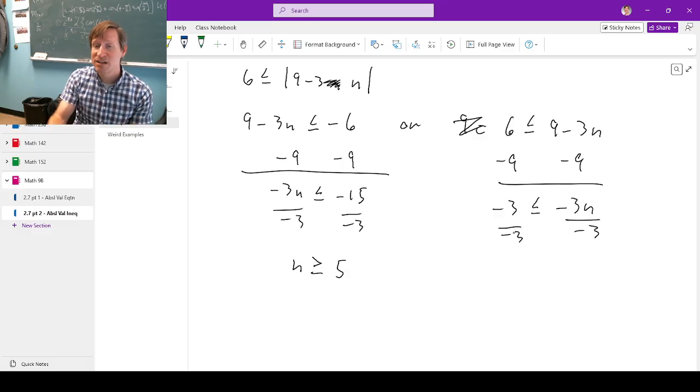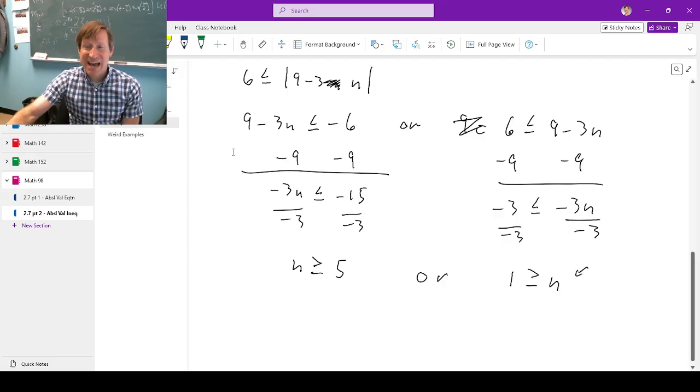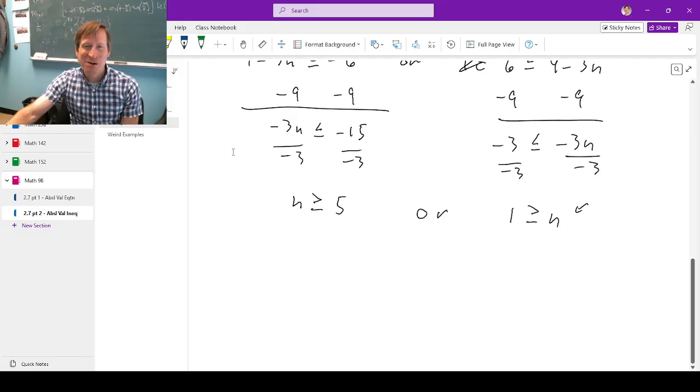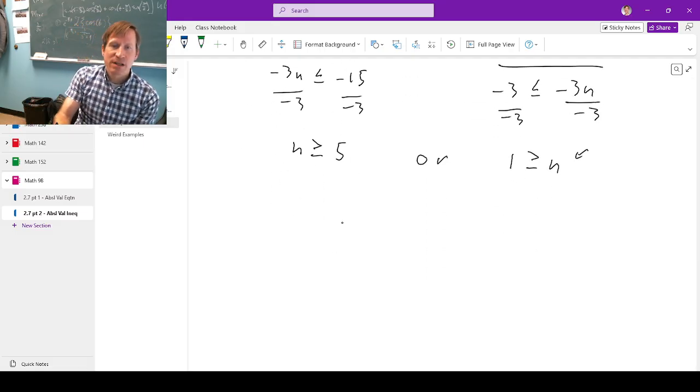And in our second inequality, we get 1 greater than or equal to n. All right. Now these inequalities sort of seem out of order again because the first one is describing the big side and the second one is describing the small side. Again, that happened because we divided by a negative number, which turned everything around. So let's put things in the usual order.